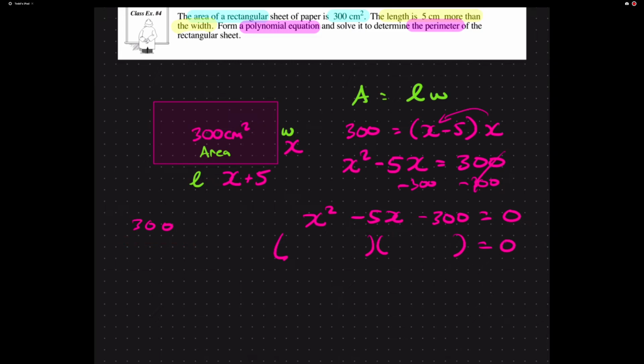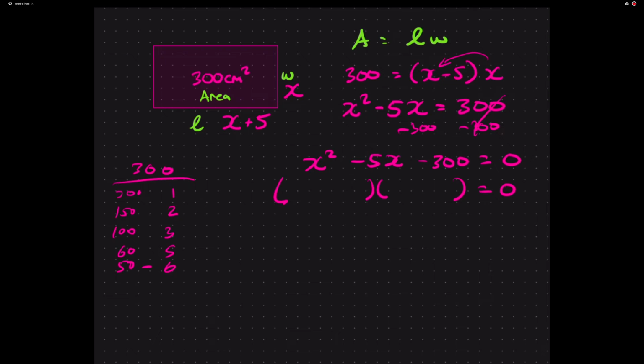So I've got 3 and 100, I've got 150 and 2, I've got 10 and 30, and if I take 300 and divide it by, say, 5, we're going to get 60. If I divide it by 6, I'm going to get 50. And we're trying to subtract these two, so 50 minus 6 is not equaling 5. So I've got to keep going and find something else.